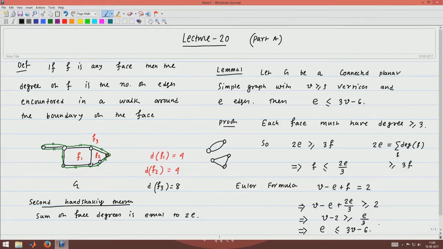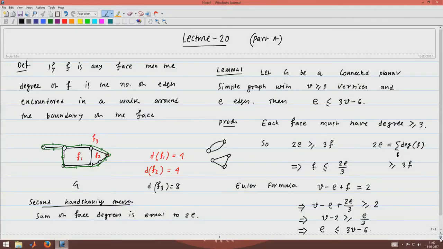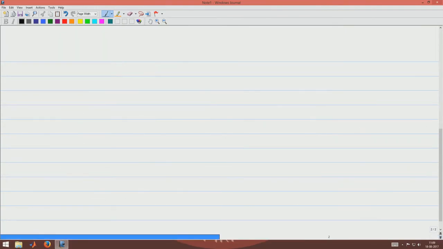So, this proves that if G is a connected planar simple graph, then the number of edges is bounded above by 3V minus 6. It can't have more than this many edges. So, this will be helpful to prove the result.